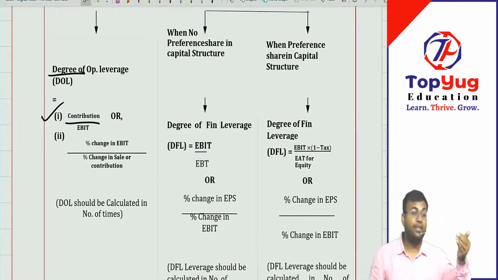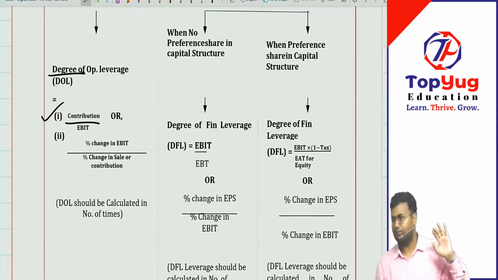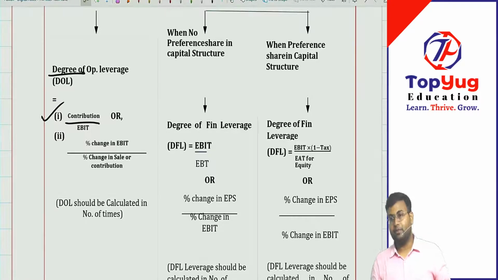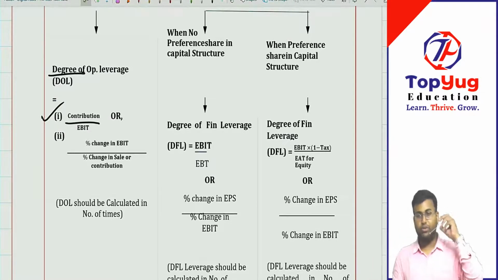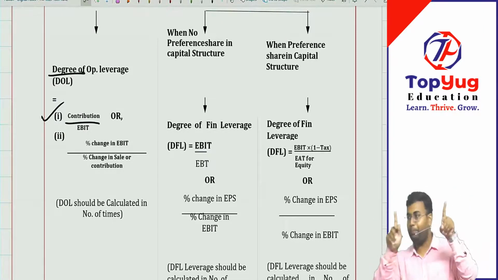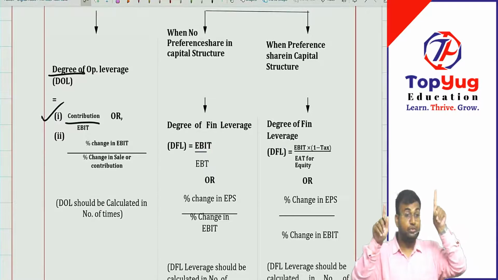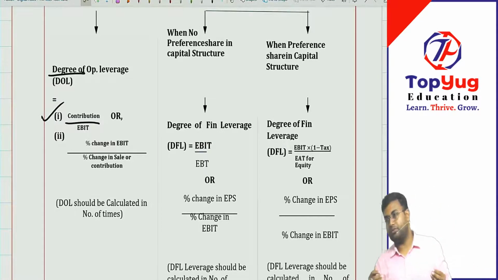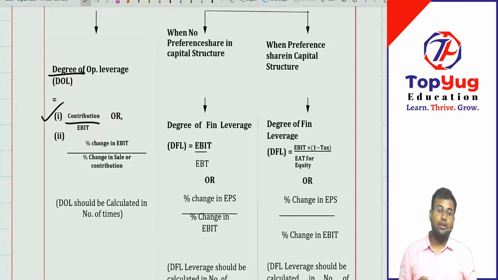If that bifurcation is not available, can you implement the second formula? Yes. In the second formula, you don't require individual numbers. You require numbers for 2 years or 2 periods or for 2 situations. Anything it could be, right? Yes or no?